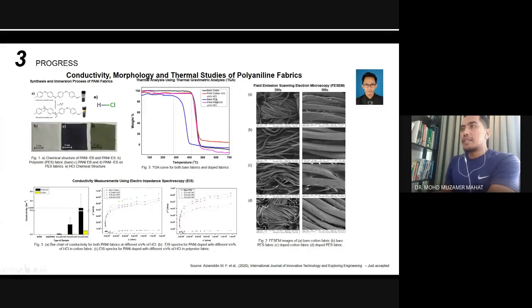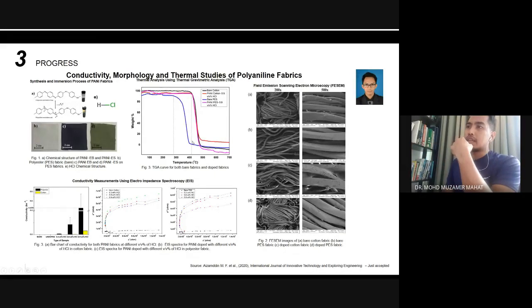For polyester fabrics, bare, this is the control, without any polymer. This is the graph. Obviously, we see that it decomposed earlier than the bare cotton. The interesting part is that this line has shifted.